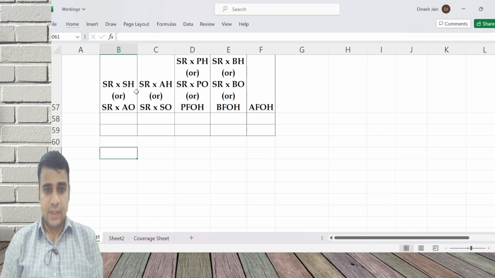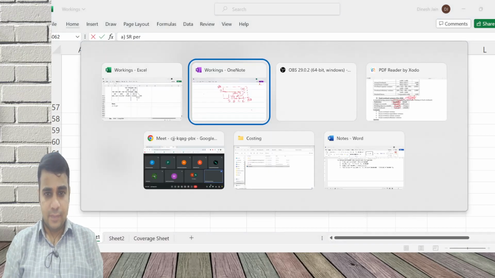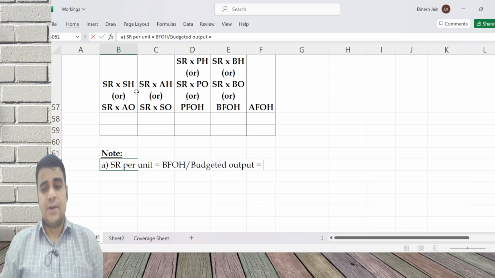Five items in the note. Note, point number 1: SR per unit is equal to BFOH by budgeted output, budgeted fixed overhead by budgeted output.